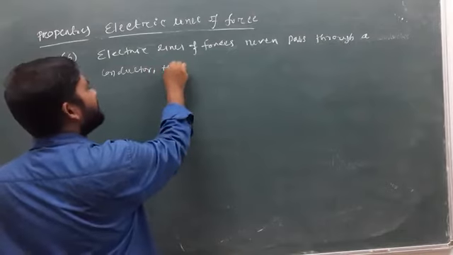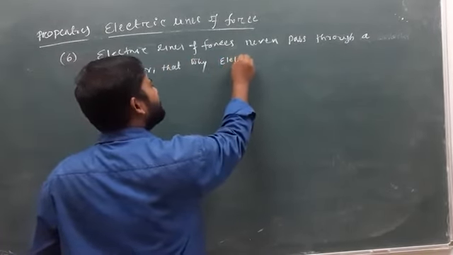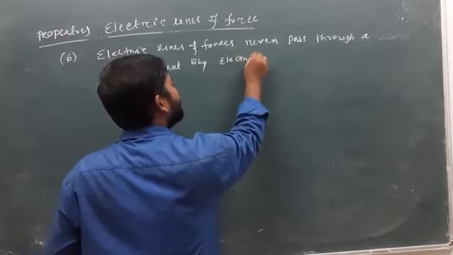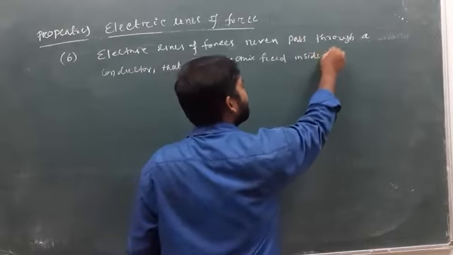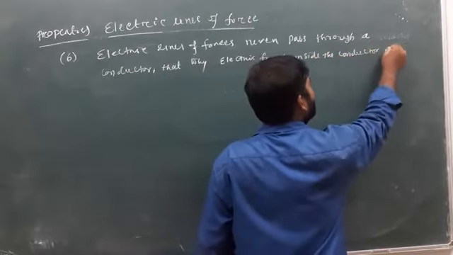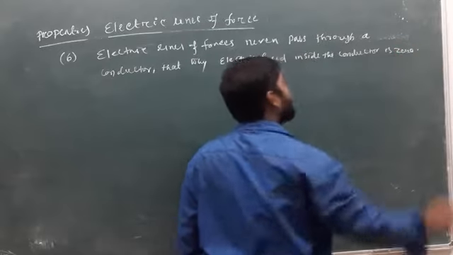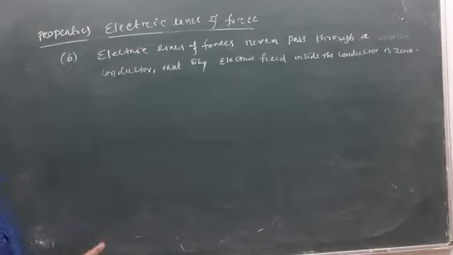That's why the electric field inside the conductor is 0. Inside the conductor the electric field intensity is always 0.